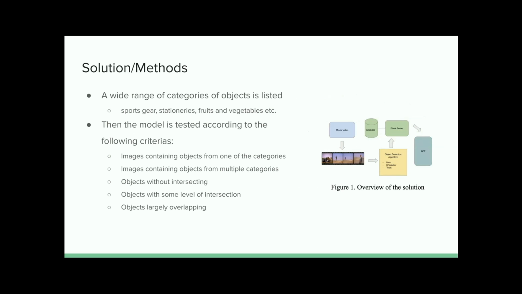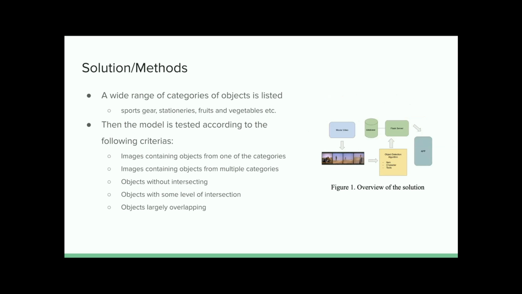So to address all the possible errors and details, we decided to use the widest possible range of categories of objects, and of images that we used to test the model and to train it.